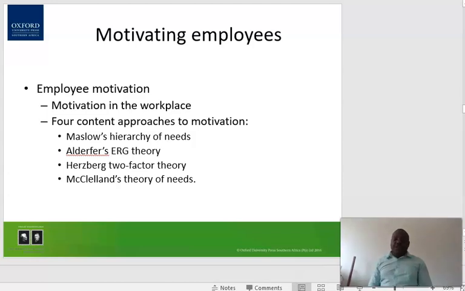He argued that a person would never seek security until their basic needs are satisfied.